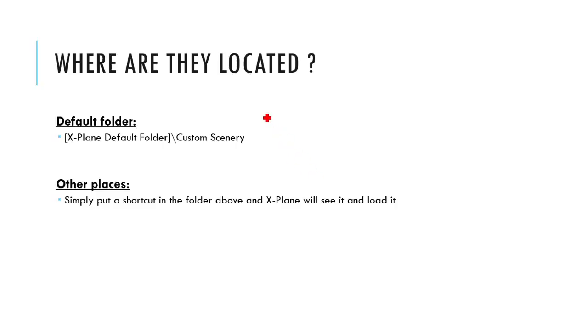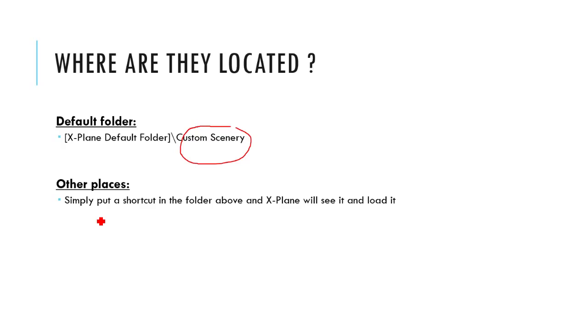So, where are they located? Well, two places basically. The default place, which is the custom scenery folder, and other places. When I say other places, you can use other folders within the same hard drive, or use another hard drive to place the sceneries, mostly because you have, let's say, an SSD and you don't want to load it up with sceneries that you don't always use.